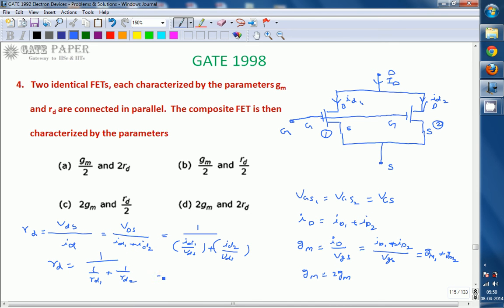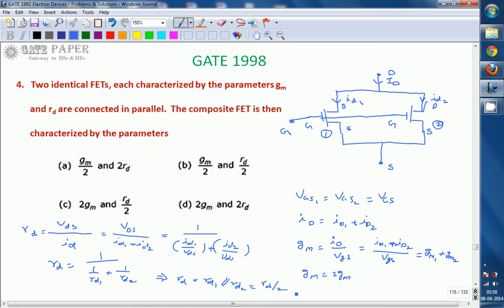Similarly, we can say RD is RD1 parallel RD2. Whenever both are identical, it is RD parallel RD, so you will get RD by 2. So the overall transconductance of the composite transistor is 2 gm and the overall drain resistance is RD by 2.